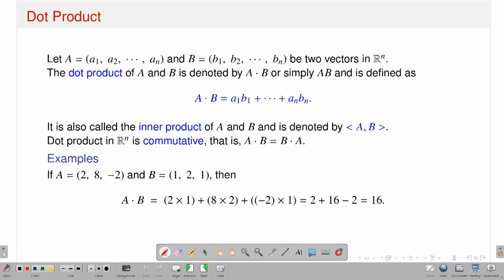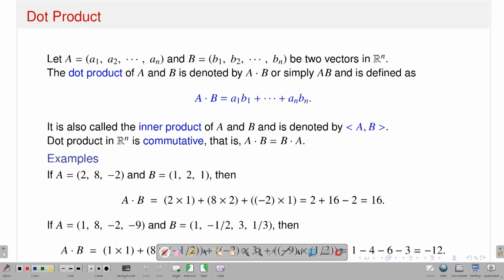For examples, first I take two vectors in R3: A equals 2, 8, minus 2, and B equals 1, 2, 1. Then for A dot B, I do coordinate wise multiplication: 2 into 1, then 8 into 2, then minus 2 into 1, and sum them, which gives 16.